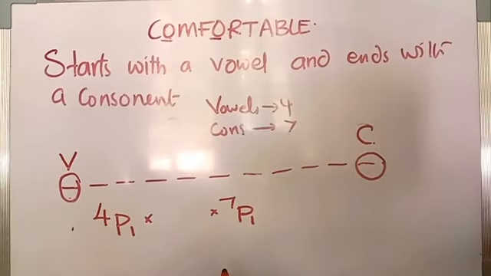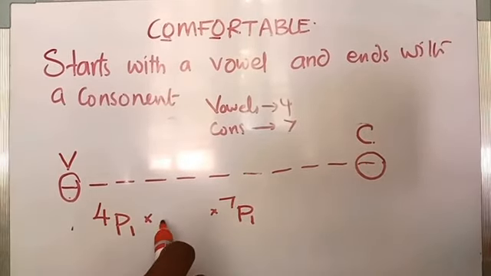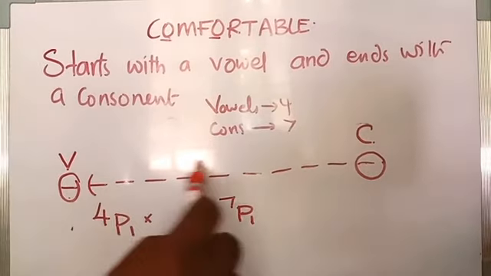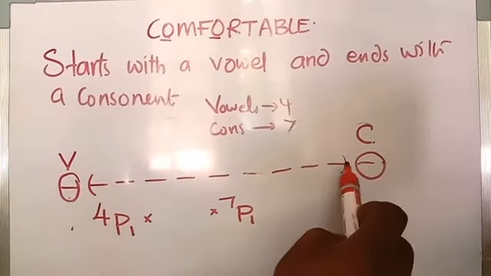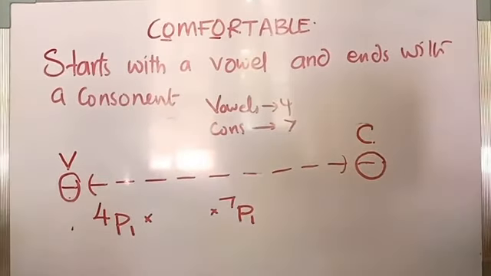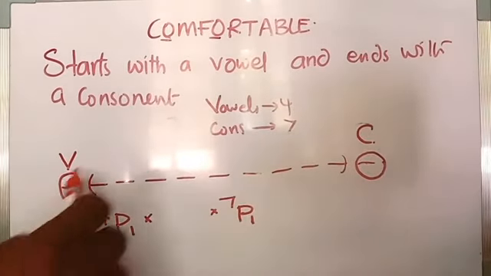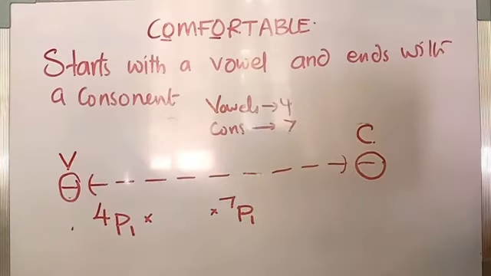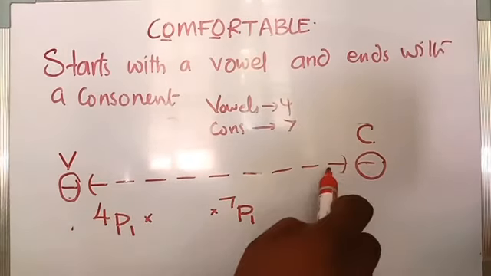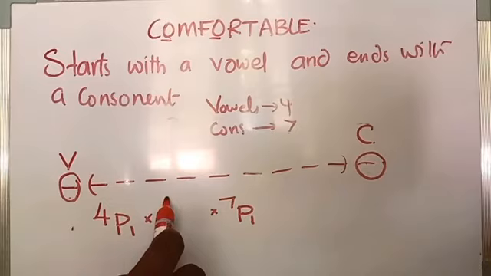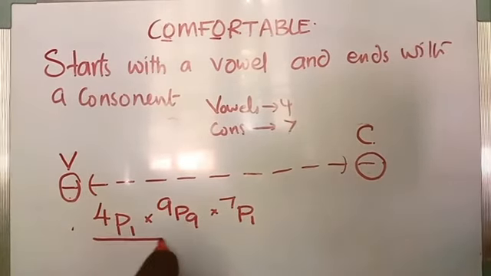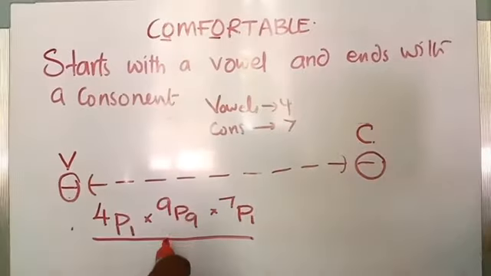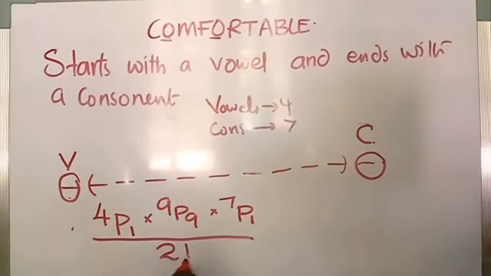Okay, and now these places, how many places are remaining? There are 9 places and 9 alphabets will be remaining because we arranged only 2 alphabets. So these 9 places can be arranged with 9 alphabets, that is 9P9 or 9 factorial divided by 2 factorial, as O repeats twice.